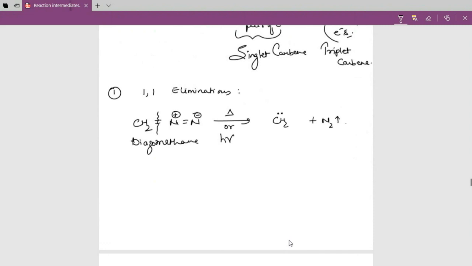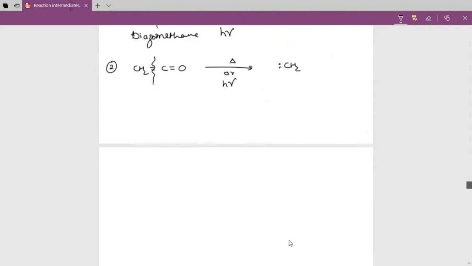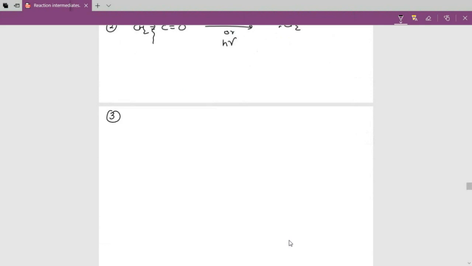Nitrogen is released. Example number 2, if I had ketene, by a similar method, I can have carbene.